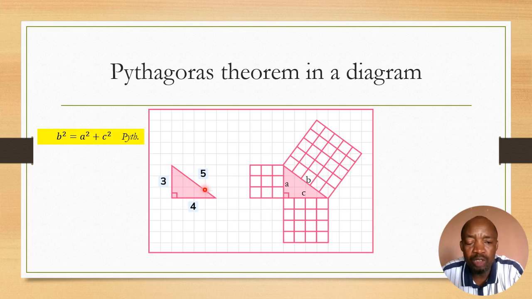Meaning that I must square the length of this side and equate it to the sum of the lengths of those two sides, each one of them squared. And there I have got my reason. It is the theorem of Pythagoras. I took it from the theorem of Pythagoras. Let's move on.